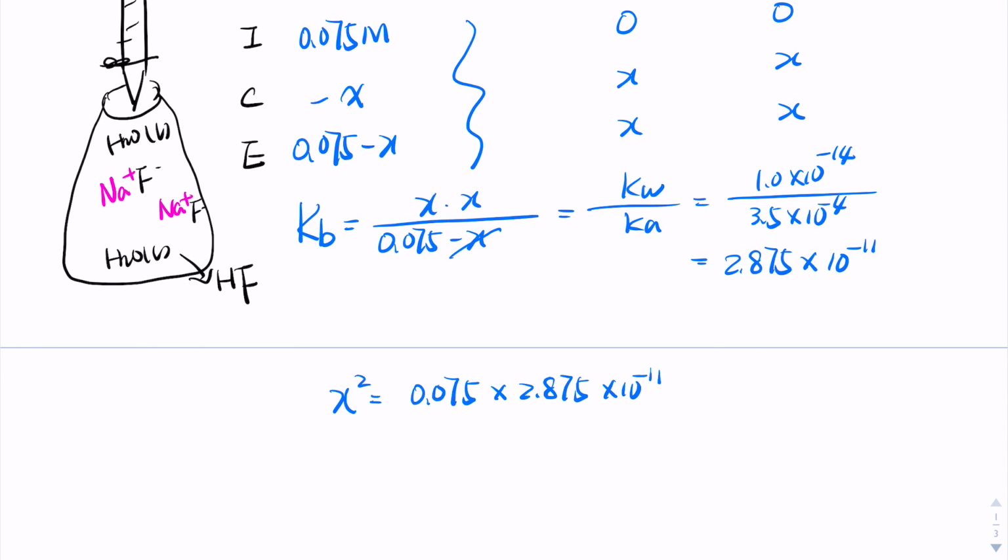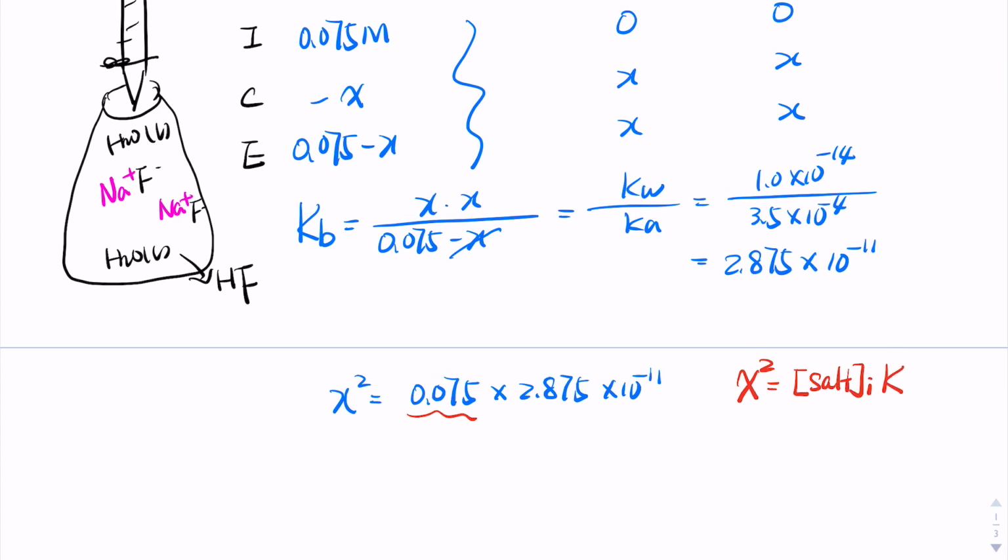If you recognize this, again, this is something I don't like to do, but for test purposes, if you really don't understand, or because of the short time period, you can memorize this. Again, I don't encourage this. This x turns out to be what? x squared equals the initial concentration of your salt times the Kb value.